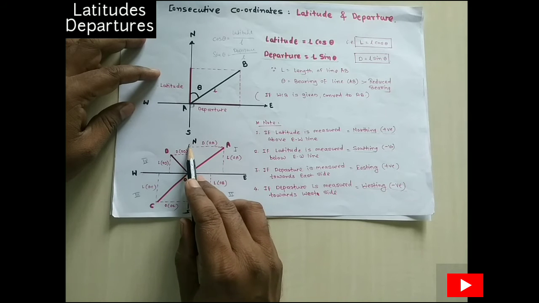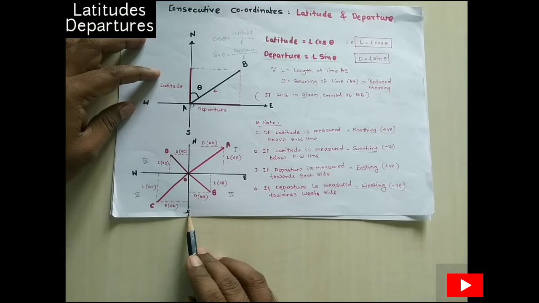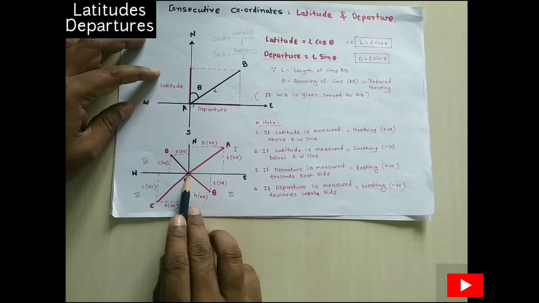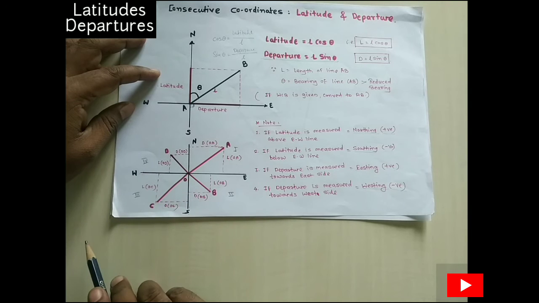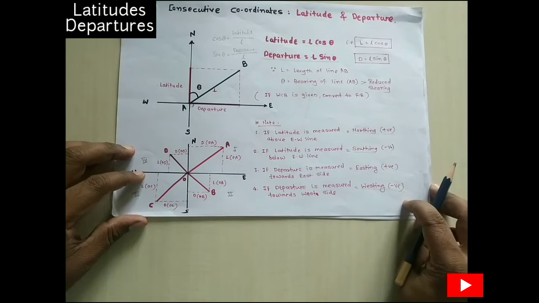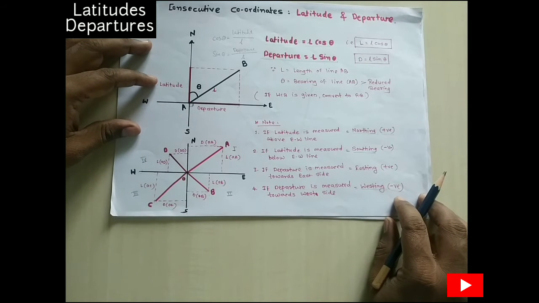Latitude is positive above east-west, negative below east-west. Departure is positive towards the east side, negative towards the west side. Okay, so what is the sign convention for the first quadrant, second quadrant, third quadrant, and fourth quadrant?